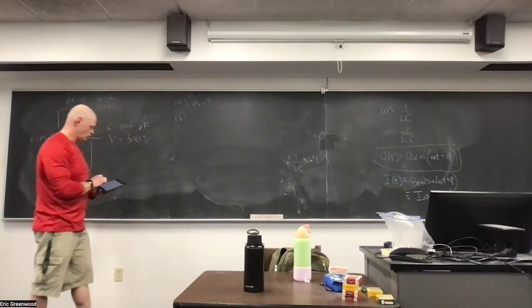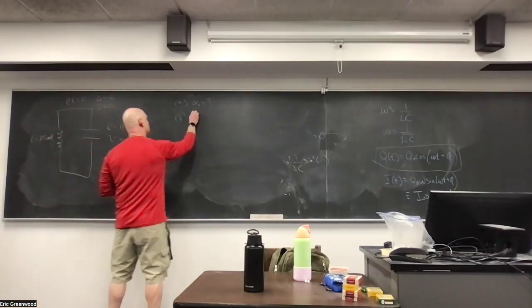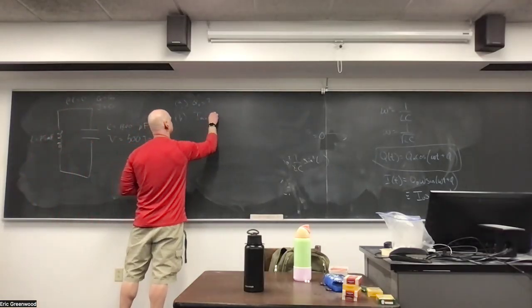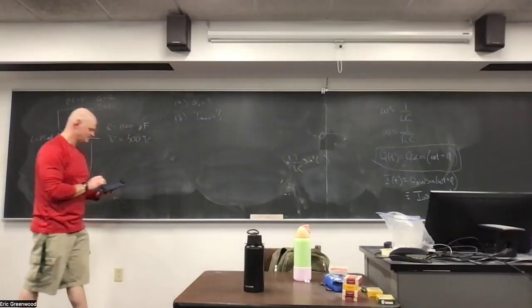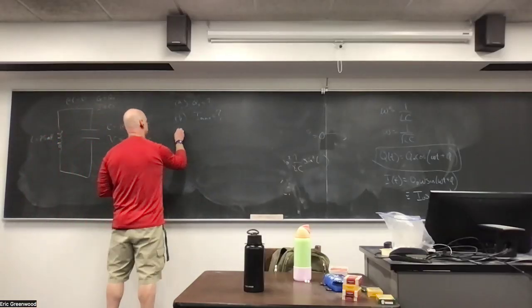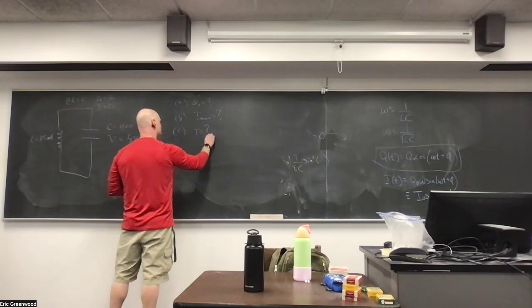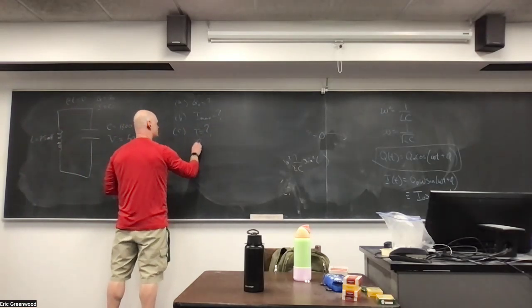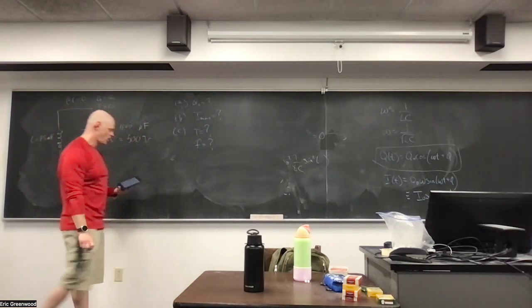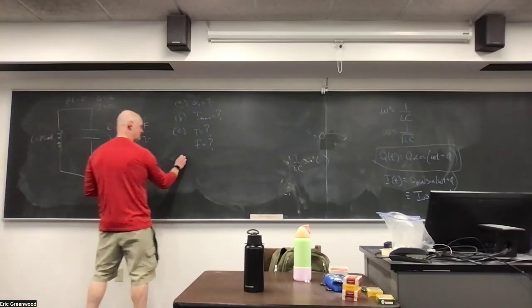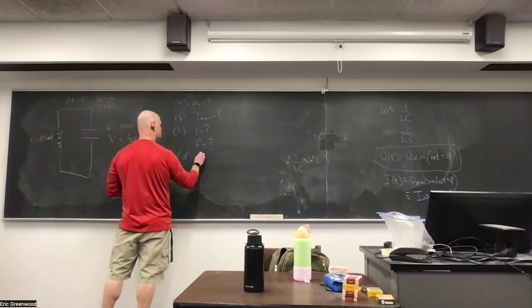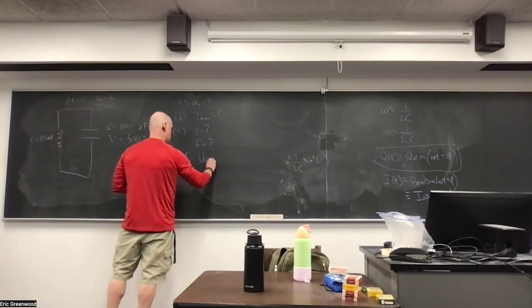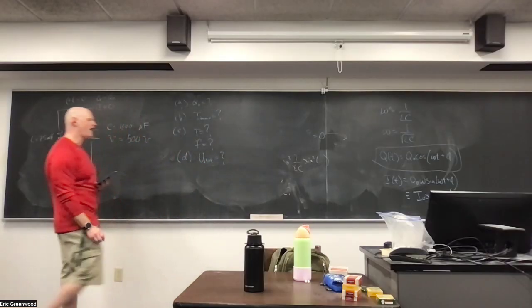For part B, we want to know what is the maximum current. So what is Imax going to equal in this case? Part C, we want to know what is the period of oscillation and what is the frequency of this harmonic oscillator. And then part D, we want to know what's the total energy. What is the total amount of energy inside of this harmonic oscillator?